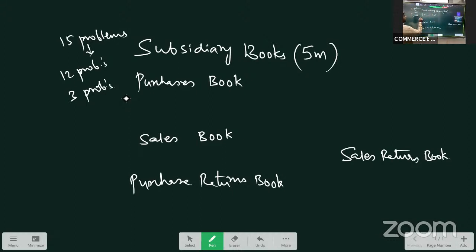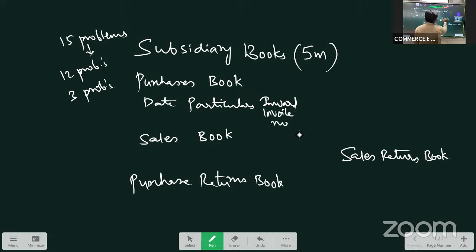What was the format for purchases book? The format for purchases book was date, particulars, inward invoice number, LF, which stands for ledger folio, details.